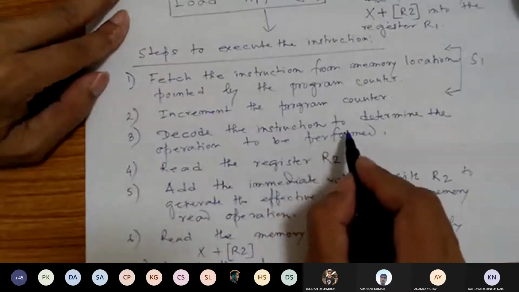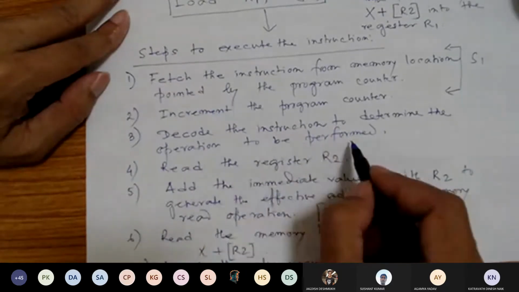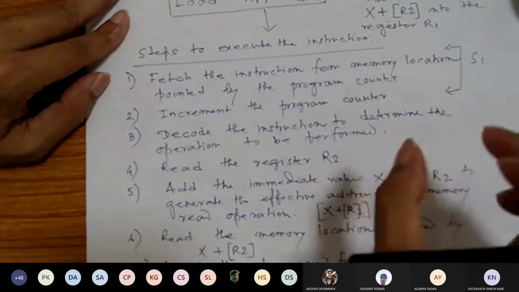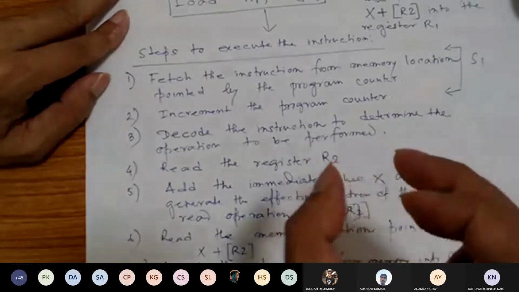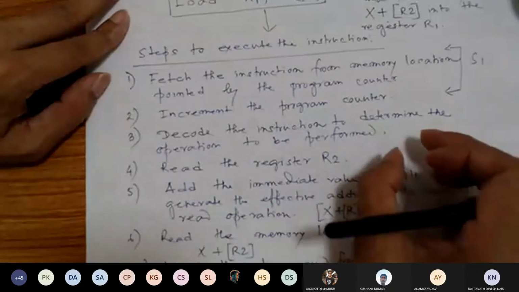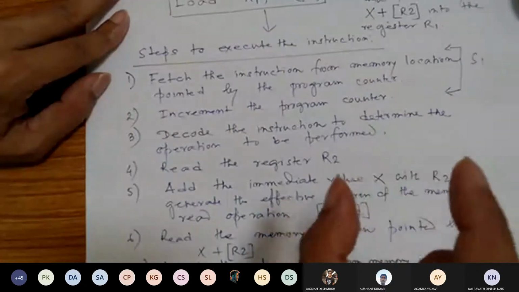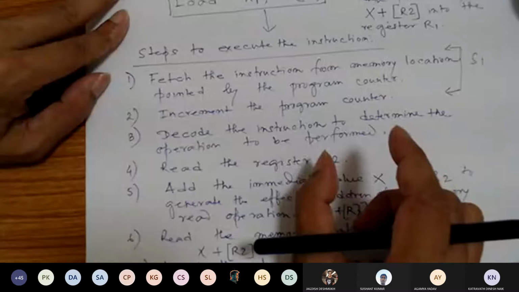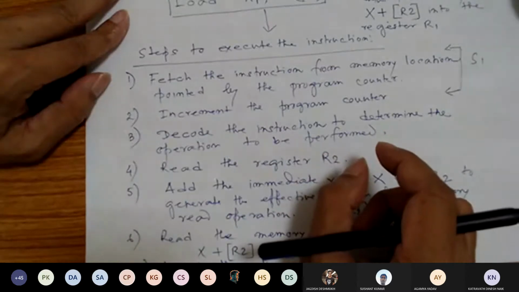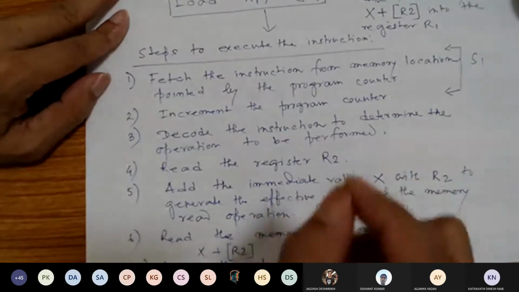Decode the instruction to determine the operation to be performed. Now an instruction has a format. Some portion of the instruction determines what the operations are, whereas the designated portion of the instruction holds the addresses of the registers.